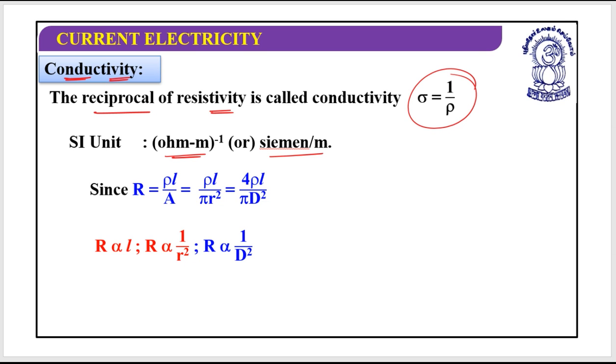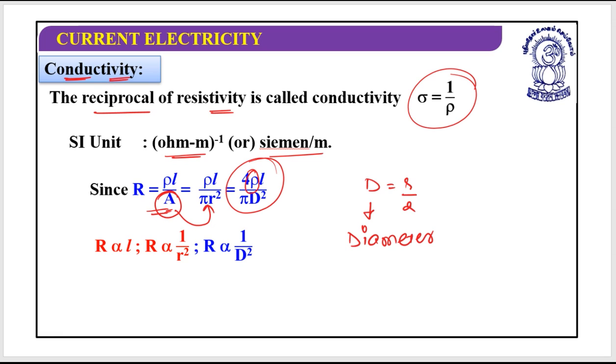We know that R equals rho L by A, where the cross-sectional area A is pi r square, or in terms of diameter D, r equals D by 2. So R equals 4 rho L divided by pi D square. Is it clear?